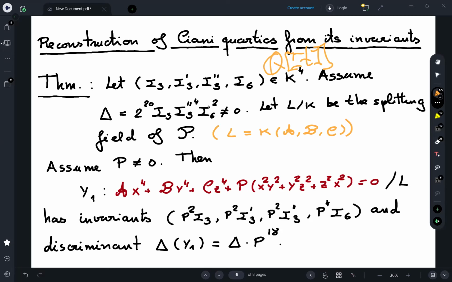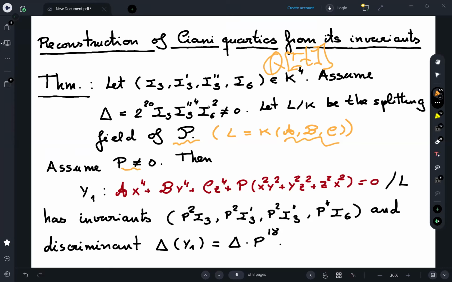You define L, the field extension, given by the splitting field of the polynomial that I defined before. So recall that the roots of that polynomial were the Gothic a, b, c. Assume first that P is different from 0. Then the curve that I'm showing you here in red has the invariants that I'm showing here.